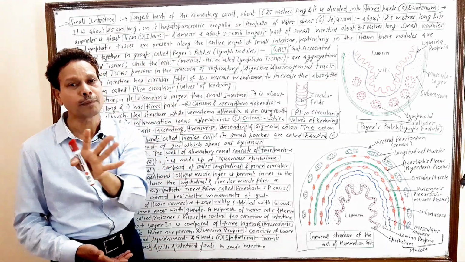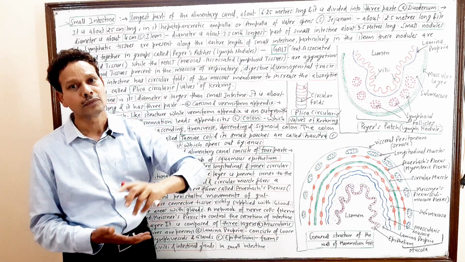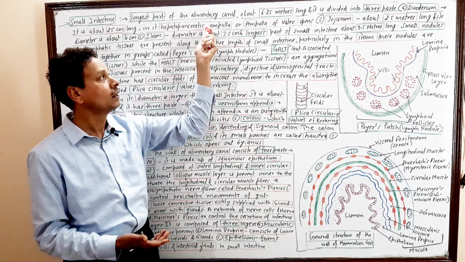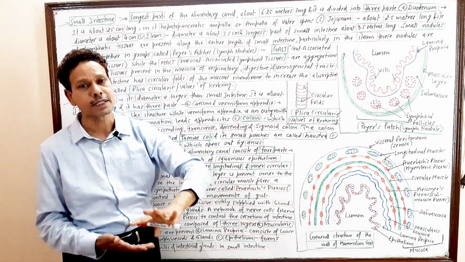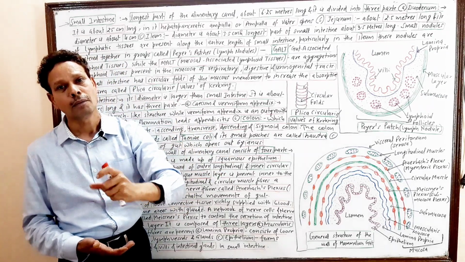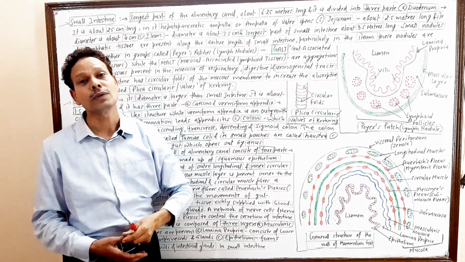The upper part duodenum is C-shaped, U-shaped, and in that U-shaped cavity of duodenum, ampulla of hepatopancreatic duct or ampulla of Vater opens. It means through this ampulla, this duodenum receives both secretions, pancreatic juice as well as bile juice from liver.